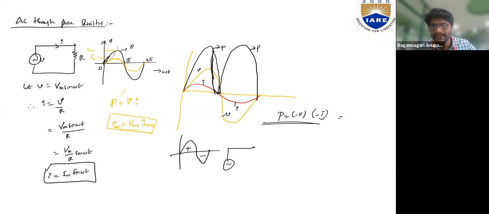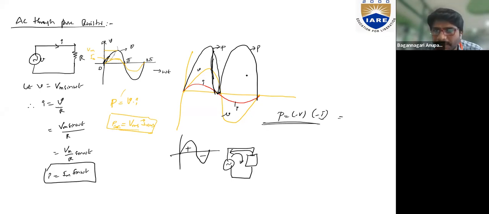We assume that during the positive half cycle current flows from source to load, and in the negative half cycle it flows in reverse. From this waveform we can clearly say that voltage during the positive half cycle flows from the positive source to the load, and in the negative cycle it flows from load to source.